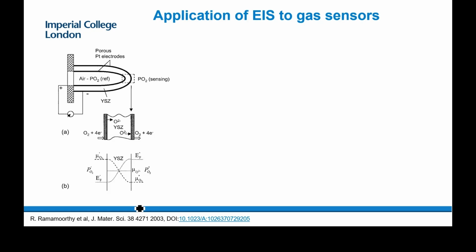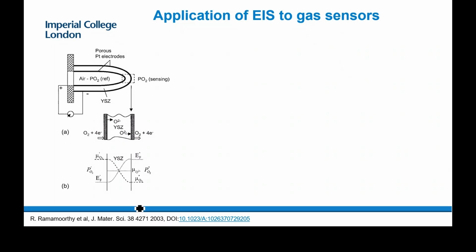So typical gas sensors, so this is looking at yttria stabilized zirconia material, YSZ, and it's typically used in quite a wide range of sensing applications. So it's typically used in engine management control. So you want to control the oxygen content in a combustion area, okay?